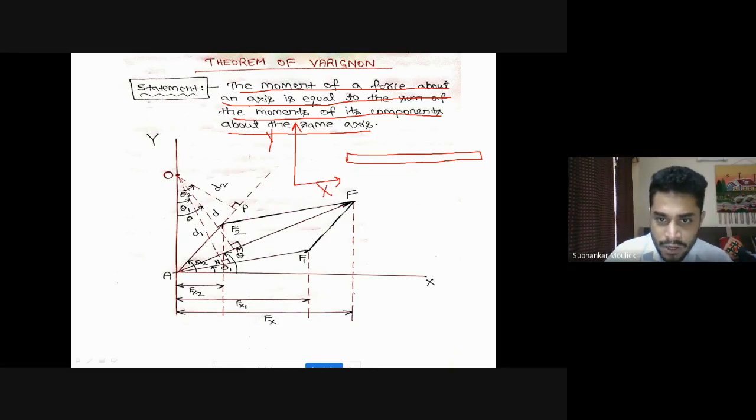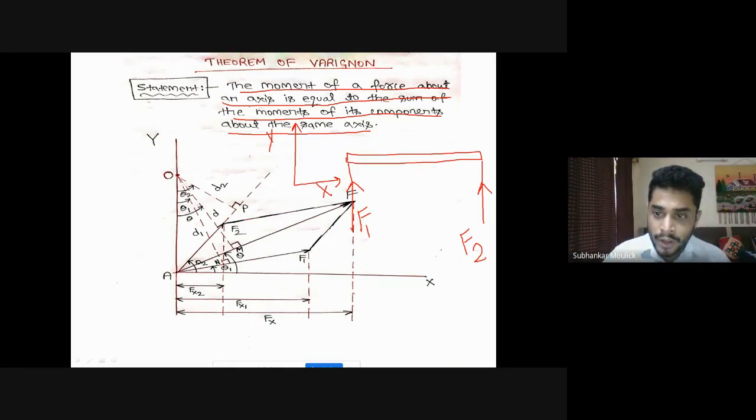That means this body is kept in the xy plane. On this body, assume that force F1 is acting along positive x direction at one end point of the body. Force F2 is acting at the second end point of the body along positive y direction.